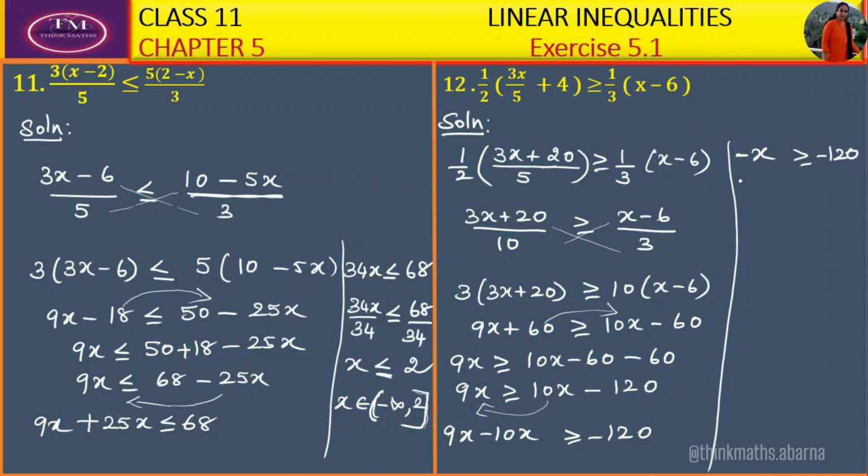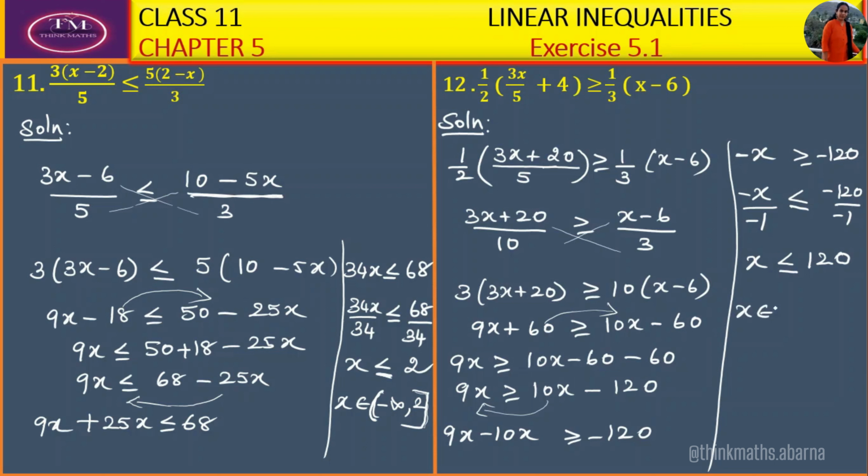So as we have a negative sign, what we will do? We will divide by negative 1 on both sides. As we are dividing by a negative, we have to change the inequality. So greater than or equal to will change to less than or equal to. So minus minus gets cancelled. So x less than or equal to, here also the negative gets cancelled, so it is x less than or equal to 120.